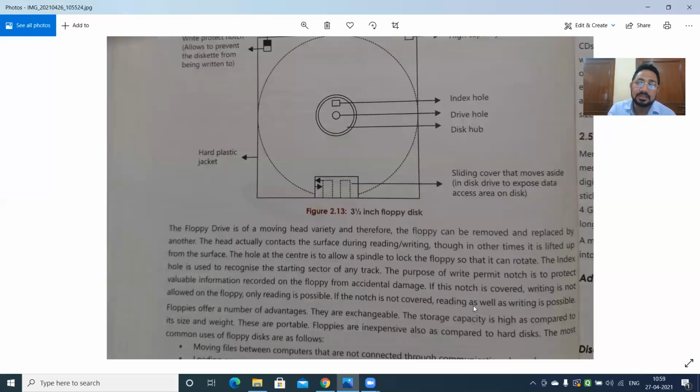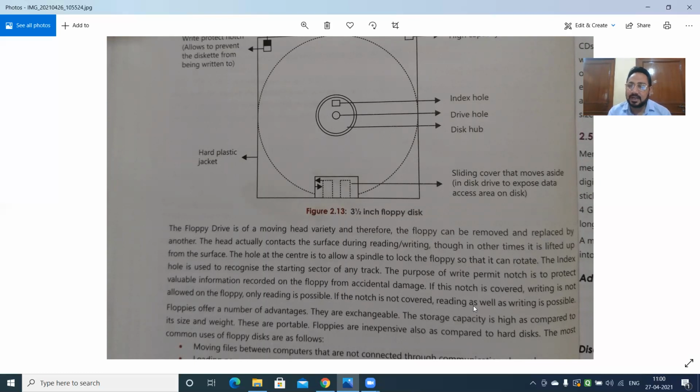The floppy drive is of a moving head variety, and therefore the floppy can be removed and replaced by another. The head actually contacts the surface during reading and writing, though at other times it is lifted up from the surface. The hole at the center is to allow a spindle to lock the floppy so that it can rotate. The index hole is used to recognize the starting sector of any track.